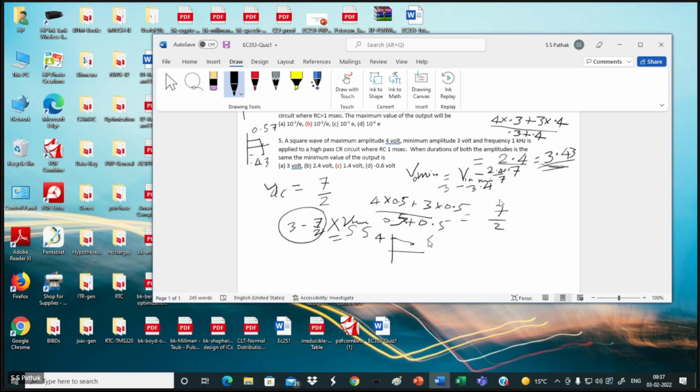How much is that? 4 into 1 minus e to the power minus t by RC. Your t equal to 0.5 and RC equal to 1 into 10 to the power 3 into 10 to the power minus 3 millisecond. So the ratio will cancel, so it becomes 1 by 2, e to the power 1 by 2 minus 1 by 2.